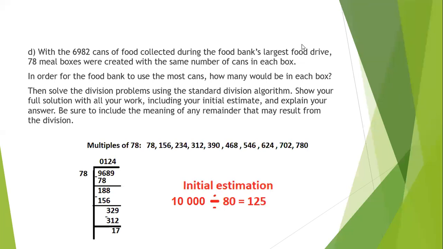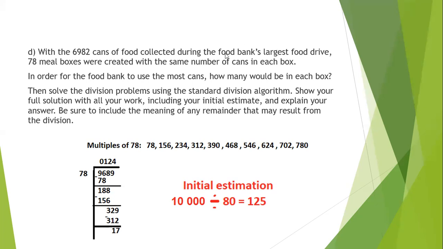Number D: with the 6,982 cans of food collected during the food bank's largest food drive, 78 meal boxes were created with the same number of cans in each box. So first, I want to know the initial estimation. Then I want to get the real number of cans in each box.